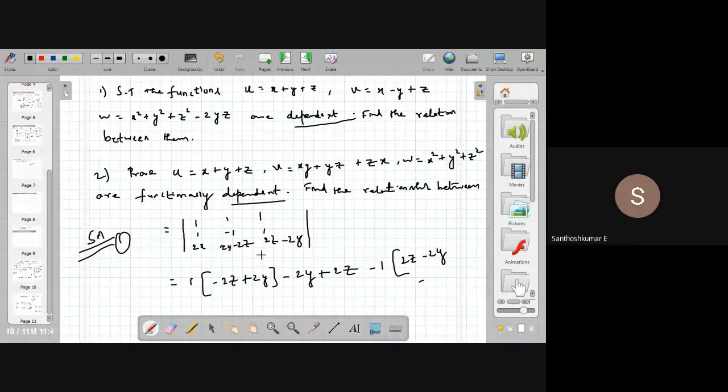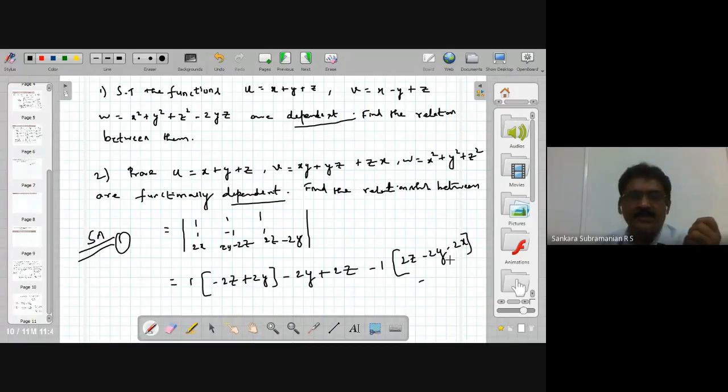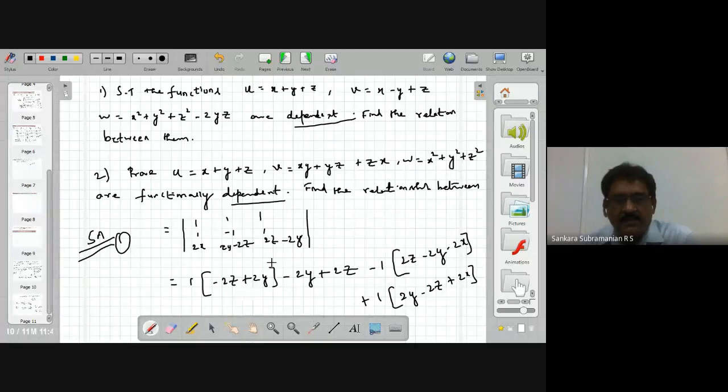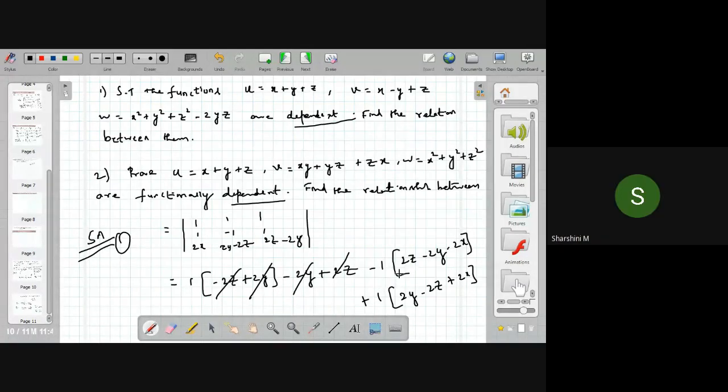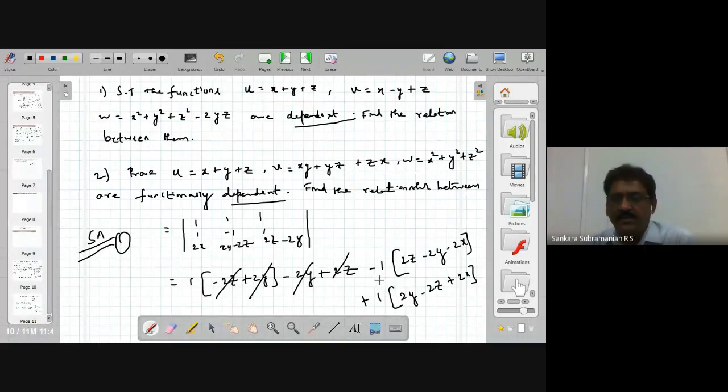Yes, minus 2x. And the last term is plus 1 into 2y minus 2z minus of minus, plus 2x. So you can find plus 2y minus 2y plus 2z minus 2z. What is the answer? It is 0, sir. Okay.